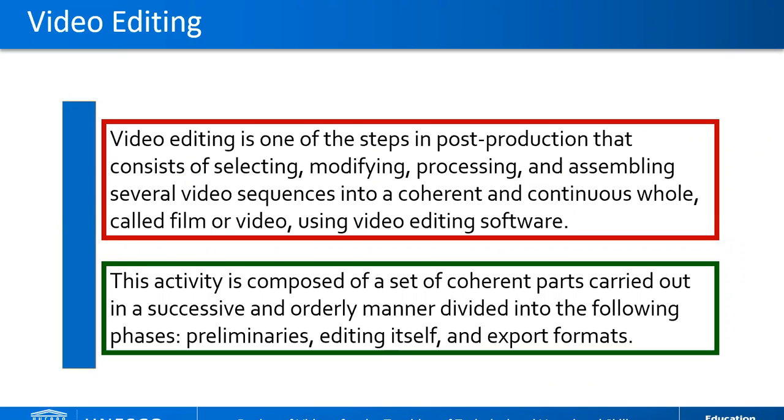Video editing is one of the steps in post-production that consists of selecting, modifying, processing, and assembling several video sequences into a coherent, continuous whole called film or video using video editing software.